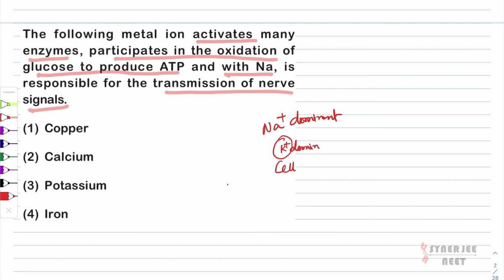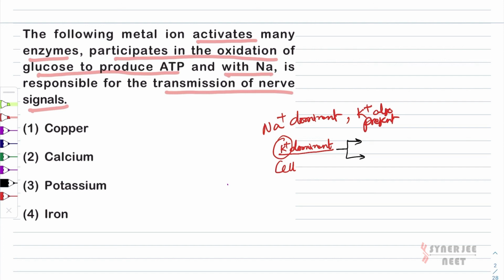I am not saying that only Na+ is present. Na+ is also present and K+ is also present outside the cell, and similarly inside the cell both Na+ and K+ are present, but inside the cell K+ is dominant. This is given clearly in the NCERT textbook in the s-block elements discussion, biological importance of s-block elements.